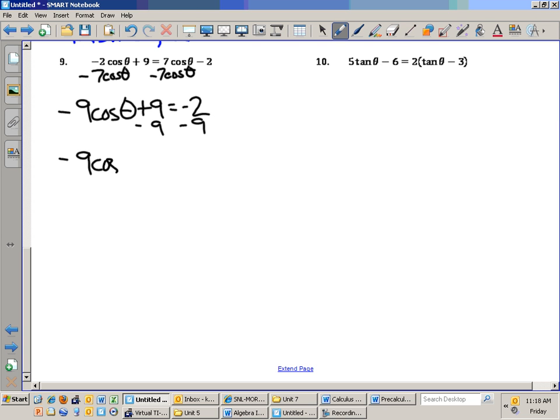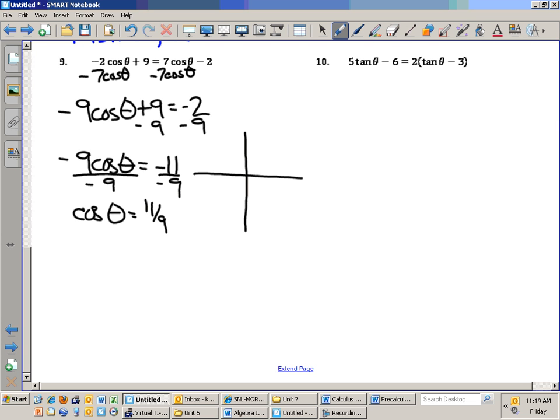Negative 9 cosine of theta is equal to negative 11, divided by negative 9. Cosine of theta is equal to 11 over 9. So that's positive. Where's cosine positive? It's the fourth.